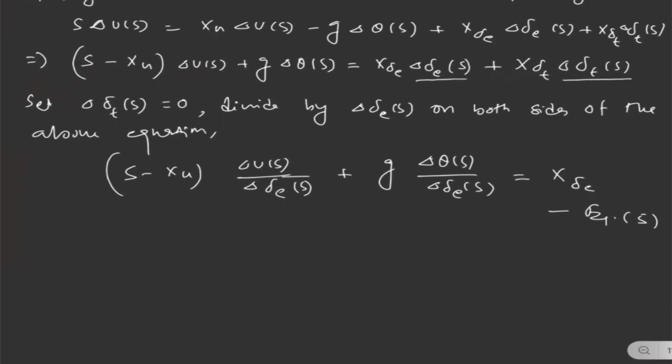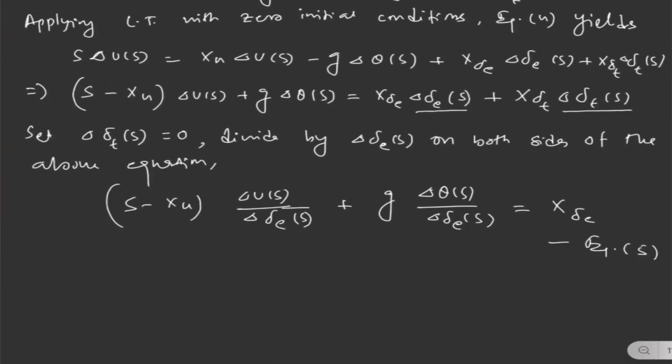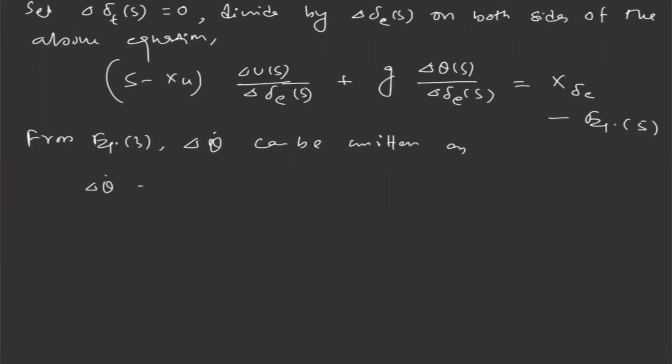Now we'll work on the second equation, the second ODE. From equation 3, we can write delta theta dot equal to minus Z_U over U naught delta U minus Z_delta_E over U naught delta_E and minus Z_delta_T divided by U naught capital delta_T.